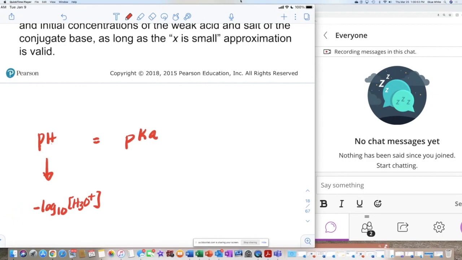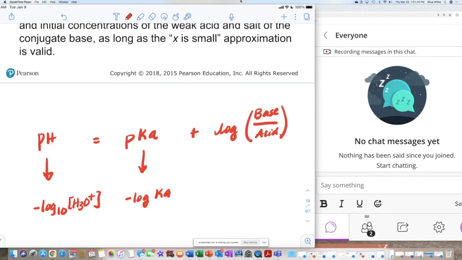I hope in the other video I told you that I noticed at some point, because the teacher wasn't making these connections, that P in this chapter stands for negative log base 10 of whatever. So this is negative log base 10 of Ka plus log of base over acid, like that.